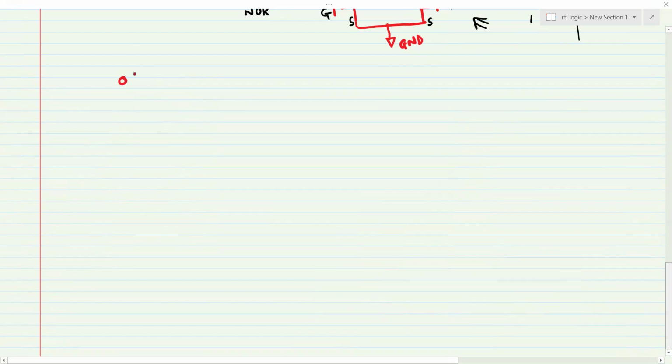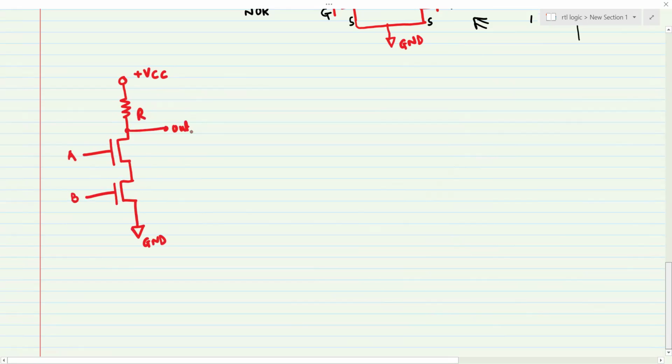You have this VCC, then you have this resistor R. You put two transistors, let's say A, and you have another transistor, let's say B, and then here you have a ground. And at this point, you want to see the output, let's say Y. So can you now do the combination of the inputs?